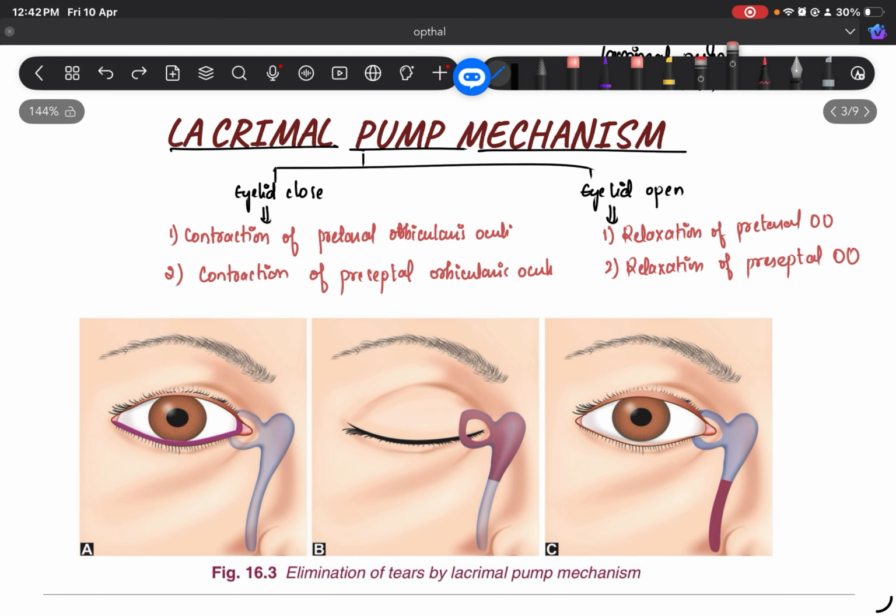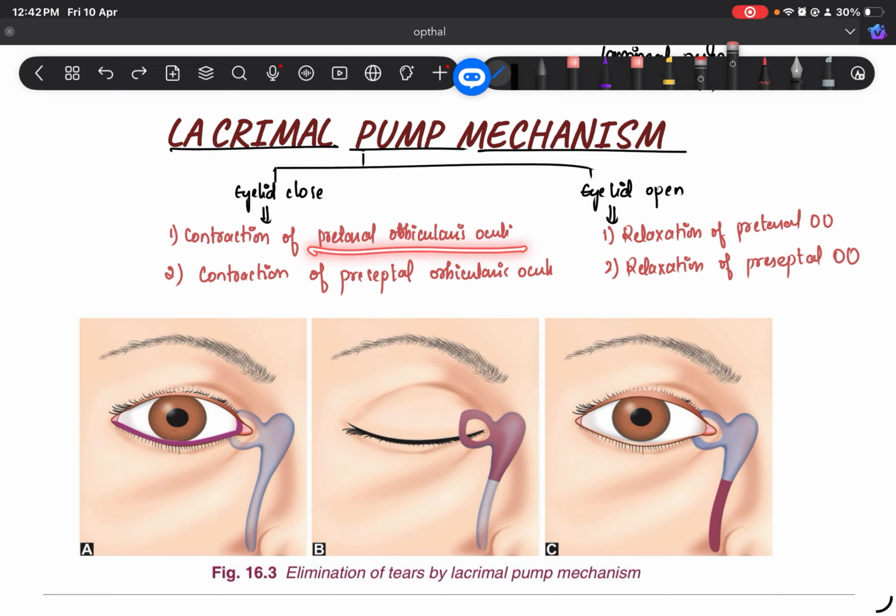We'll see about the lacrimal pump mechanism now. Here, as you see, when you close your eyes, as you can see in picture B, there will be contraction of pretarsal orbicularis oculi and contraction of preseptal orbicularis oculi.